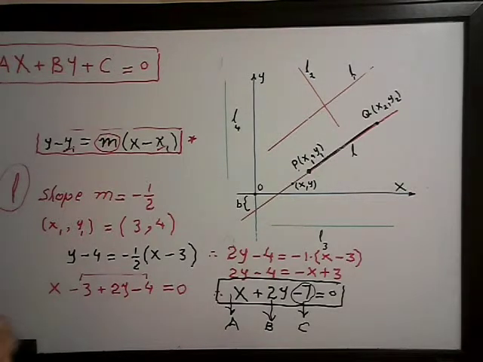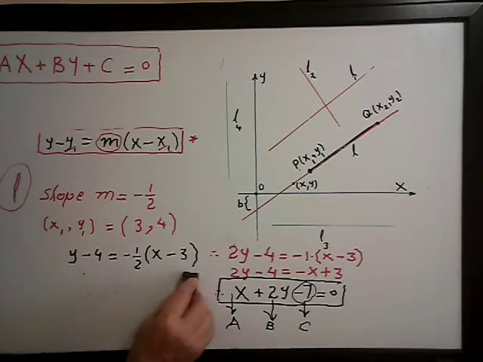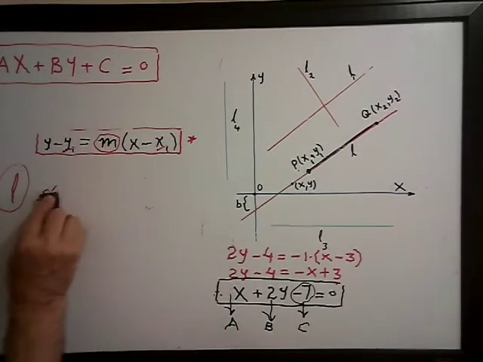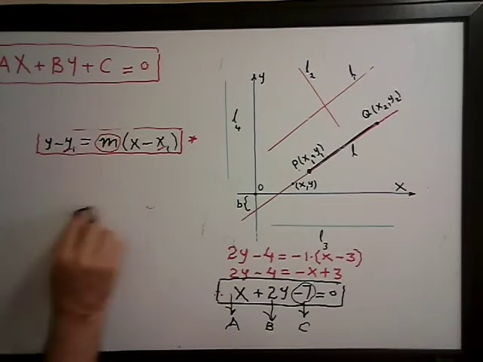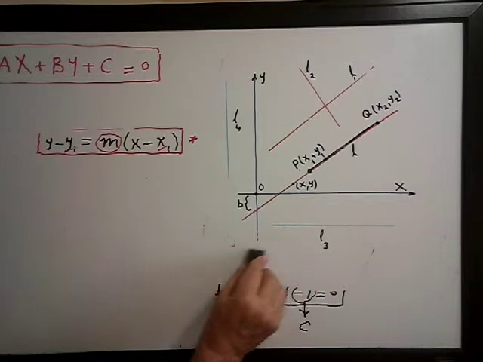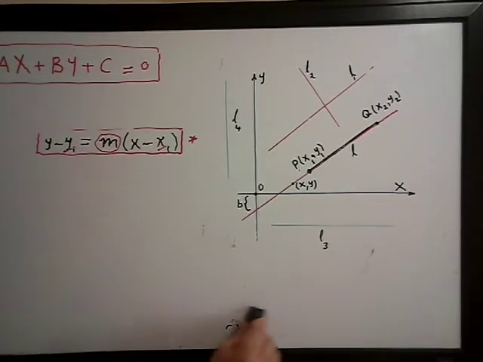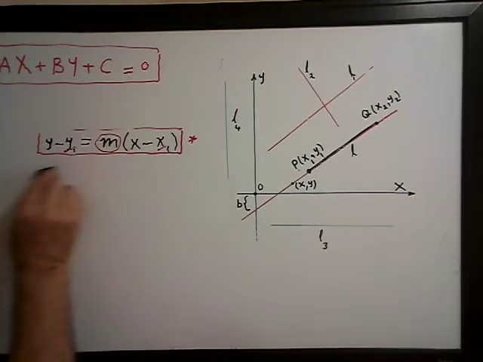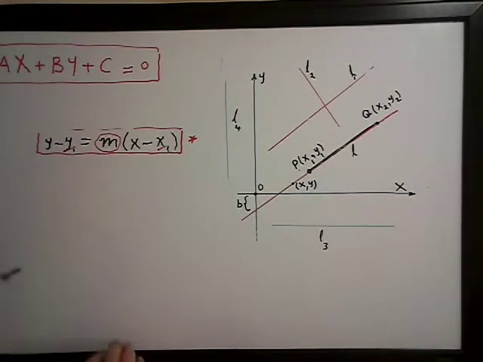Okay, now let us see when the line we need to find its equation has 2 points known, and the slope is not known. Here is a question to this.